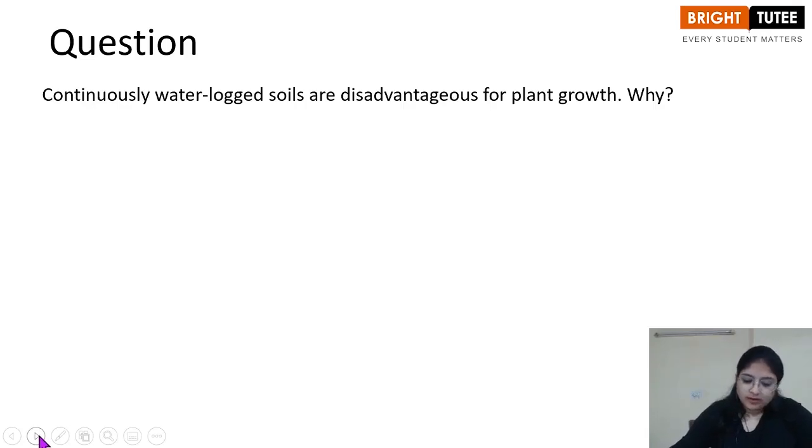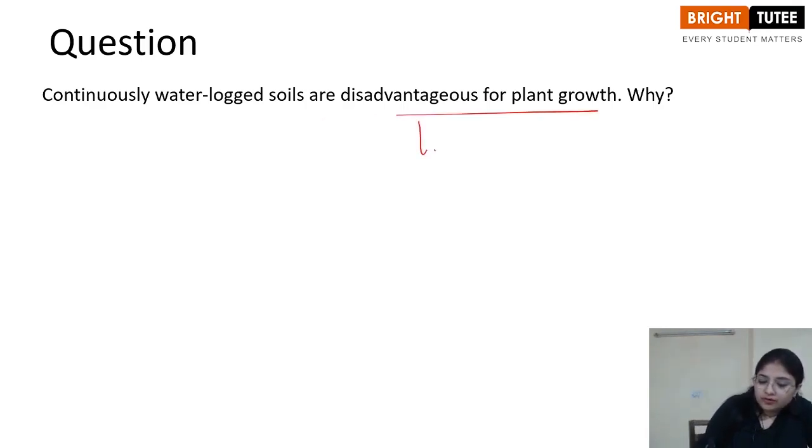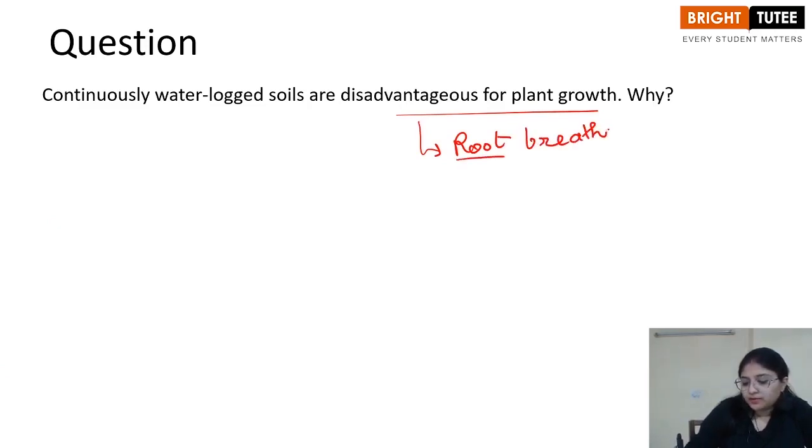Continuously waterlogged soils are disadvantageous for plant growth. Why? Because the roots actually breathe with the help of the soil. Roots breathe the air present in the air spaces.